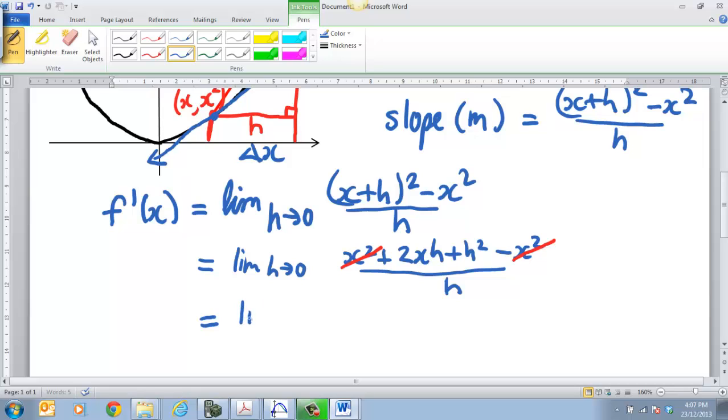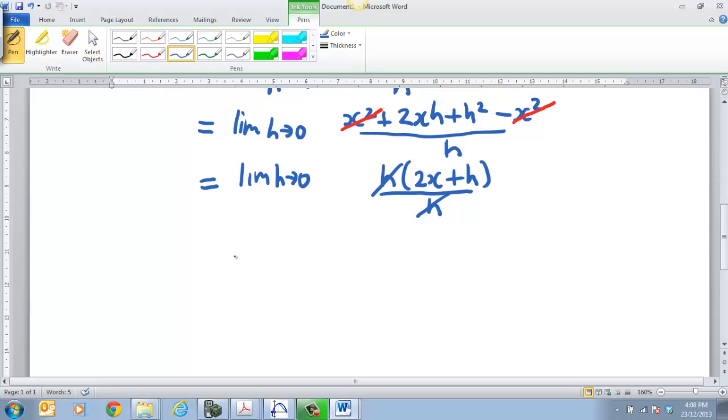Right, so then I can say the limit as h goes to 0. Now what I can do is bring a common factor of h out. So that would give me h, 2x plus h all over h. Because I've got h on the top line and the bottom line, I can cancel that out. Alright, and then I can write this as equal to the limit as h goes to 0 of 2x plus h.